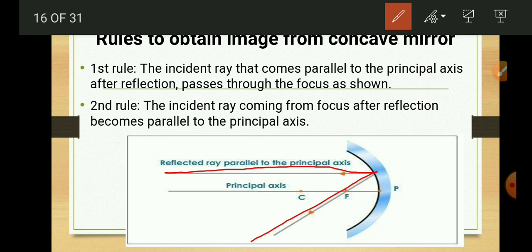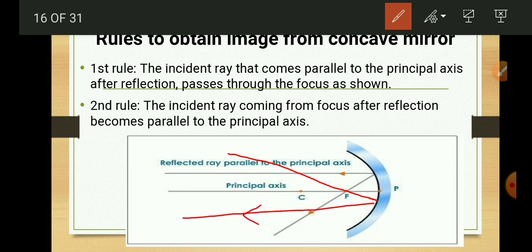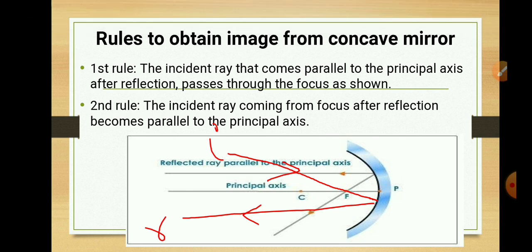The second rule is that the incident ray coming from the focus becomes parallel to the principal axis after reflection. For example, if the ray is passing through the focus, then after reflection it will go parallel to the principal axis. So this is the incident ray and this one is the reflected ray. These are the two rules regarding an incident ray parallel to the principal axis and an incident ray coming from the focus.